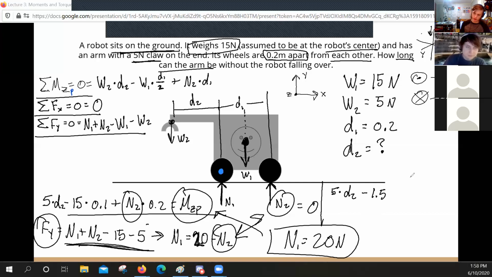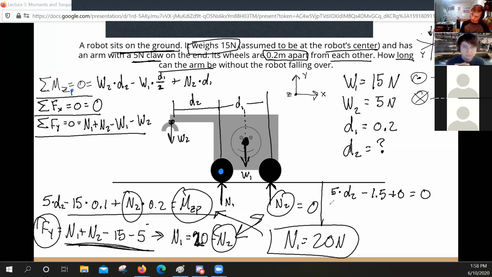So we'll just write 1.5 minus 1.5 plus 0, because N2 is 0, equals 0, because all the moments add up to 0. Yeah, I mean, that makes this way better.